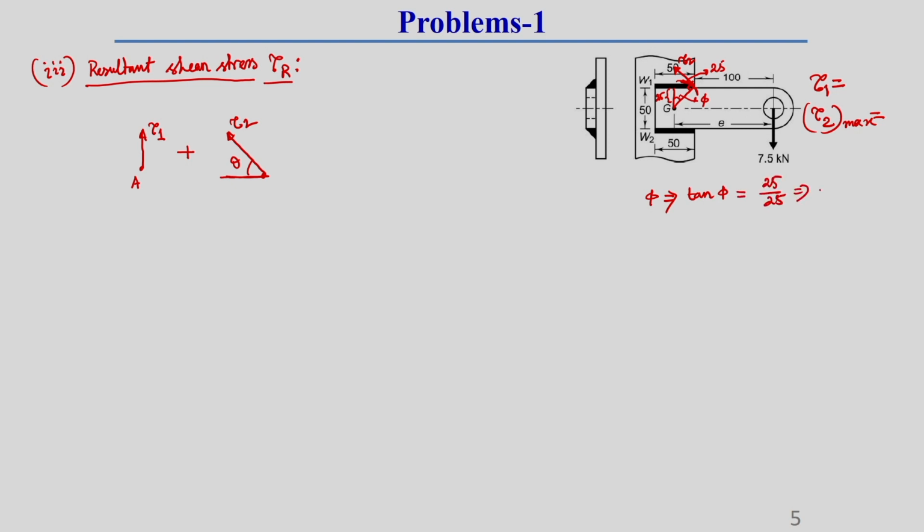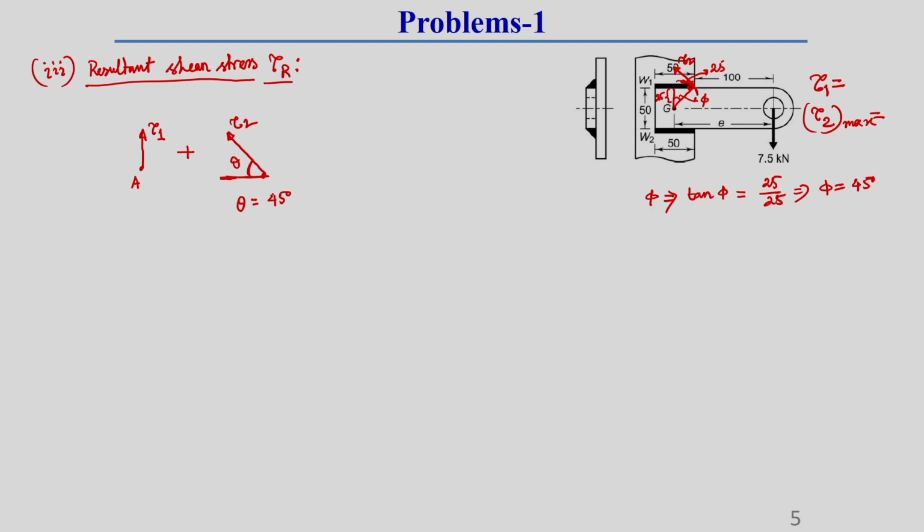So, here we can say phi equal to 45 degree. So, if phi equal to 45 degree, then this angle theta also here is 45 degree, you can see. So, here you can say theta is also equal to 45 degree.